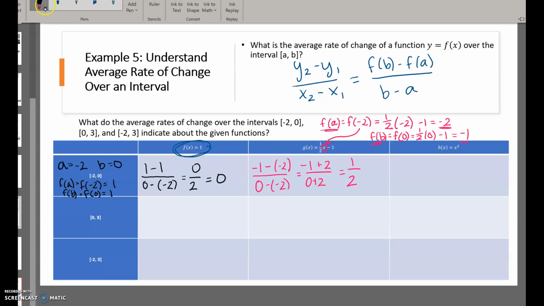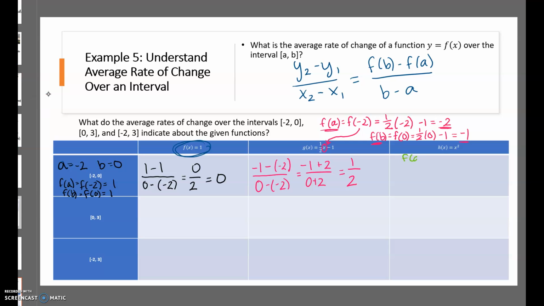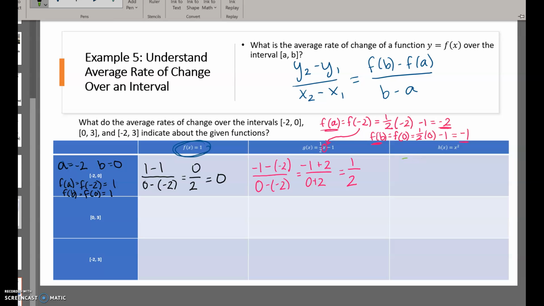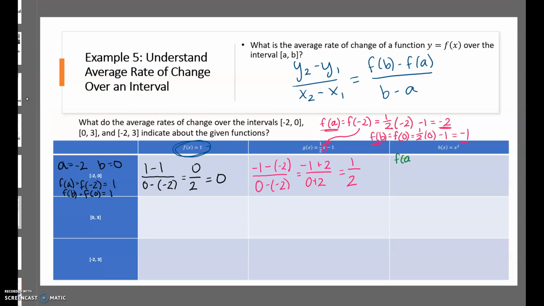And I'm going to do one more, and then I'm going to have you pause the video and try the next one. So we have h of x equals x squared. So f of a, again, we're plugging in -2. So -2 squared, that would be 4.